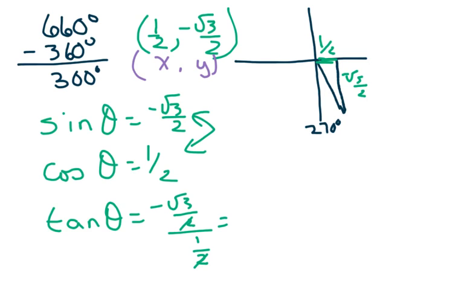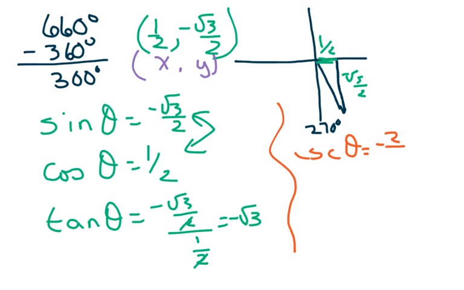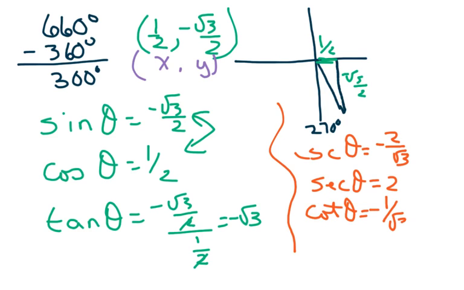That cancels and you get negative root 3. And then for the others, you just flip everything. So cosecant of theta equals negative 2 over root 3. Secant of theta equals 2. And cotangent of theta equals negative 1 over root 3.